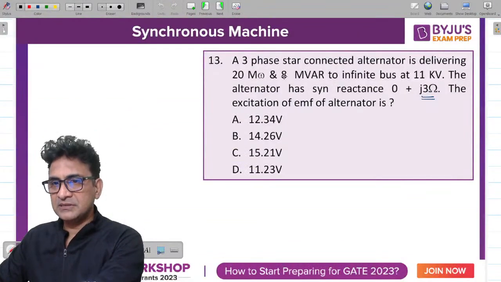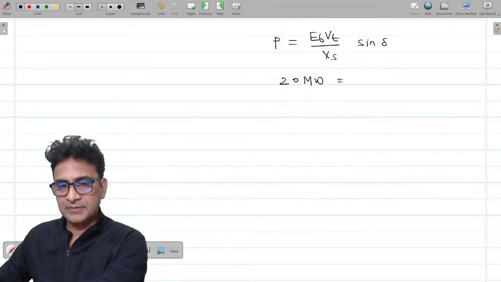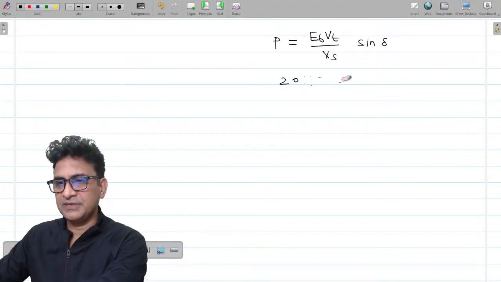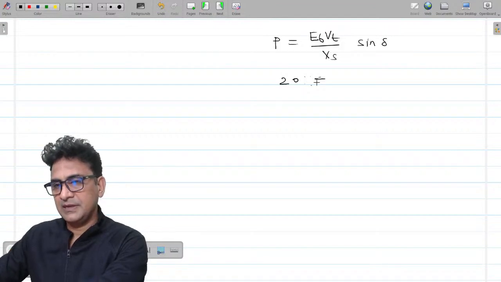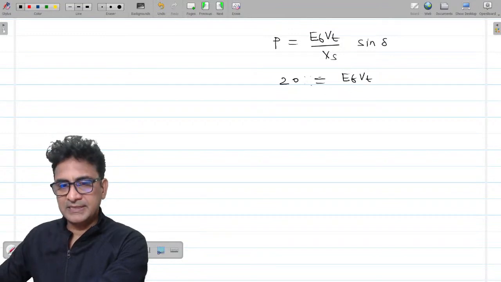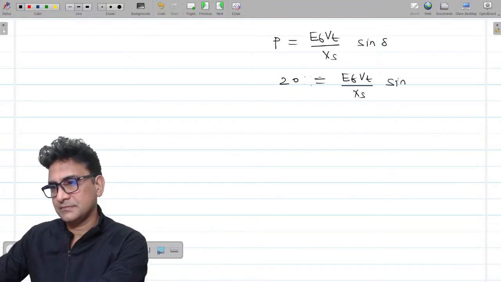So P is 20 megawatt. This is the three-phase power. No doubts. The unit is megawatt, so we don't need to write this unit. It is EF VT by XS into sin delta. This is equation number 1.